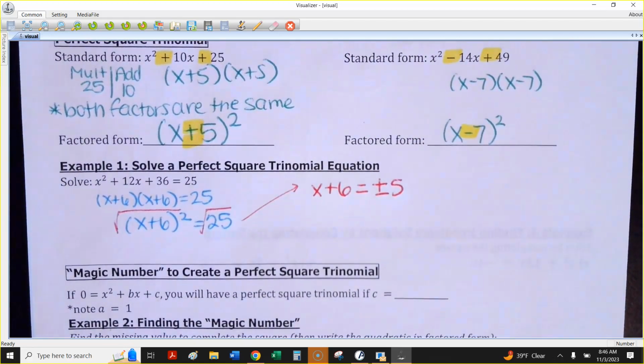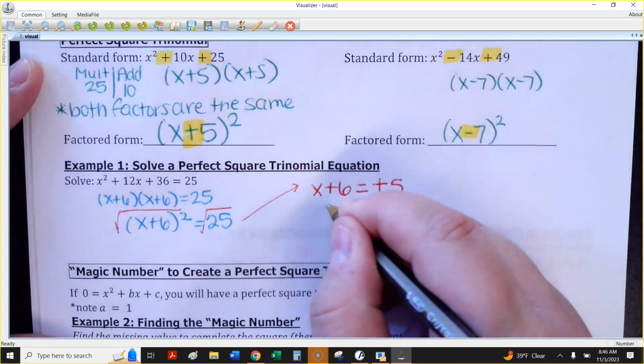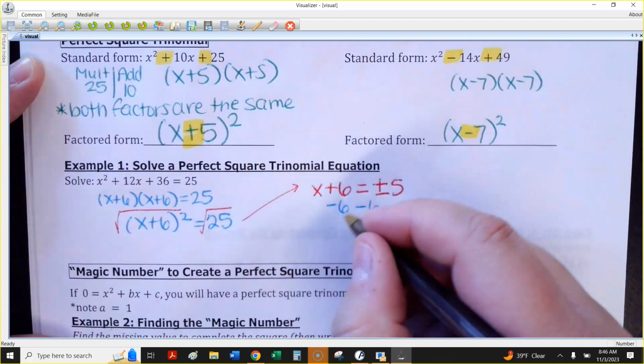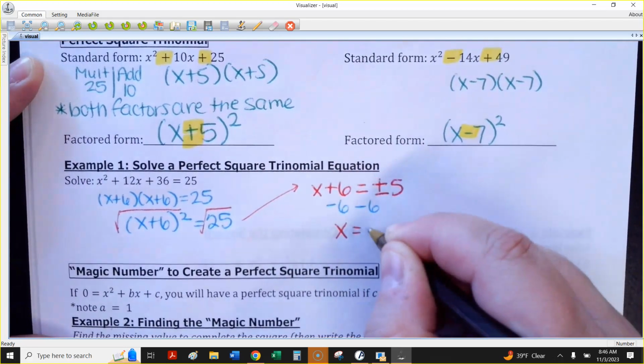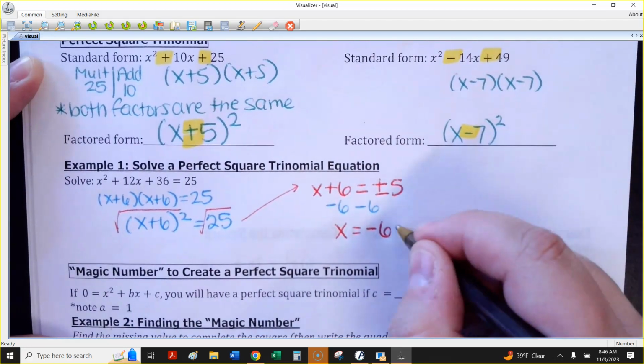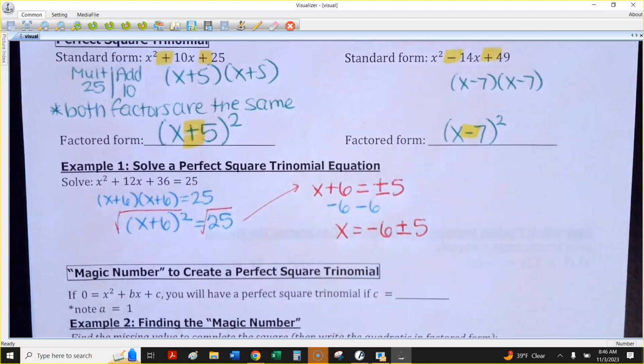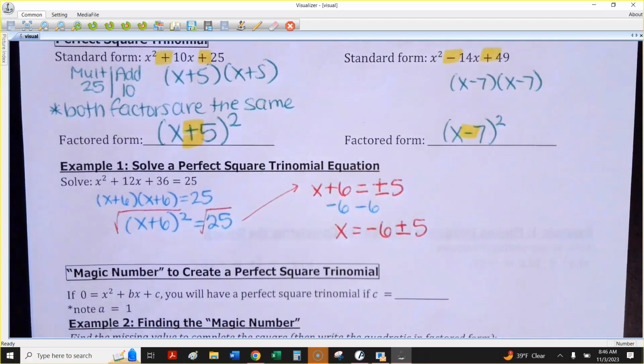Okay, now we'll be able to simplify this here in a second, but I've got to move this 6 away from the x. It's positive, so we're going to subtract it. What I would always tell you to do, just put the negative 6 right after the equal sign, plus or minus 5. And then, okay, if the 5's got an i attached to it, we're done. If it's got a radical attached to it, we're done. But we don't. We just have a plain number.